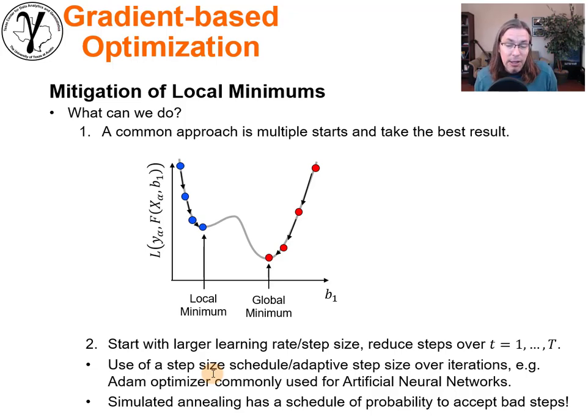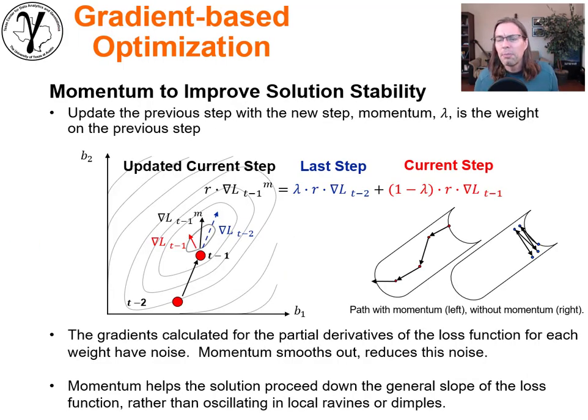Simulated annealing does something very cool, and that is it has a probability of accepting bad steps. It can go uphill, but it uses a probability of accepting bad steps that decreases over time, so it's able to explore at first, and then it starts to converge later on. Very powerful methodologies.